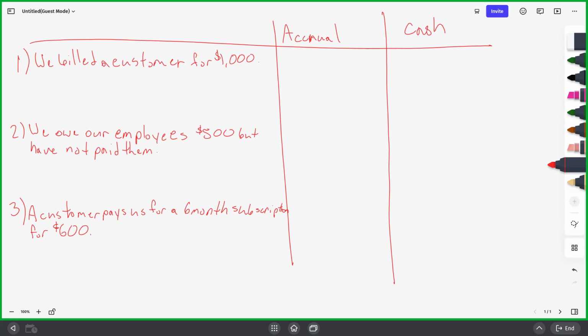All right, I'm going to give you guys just a minute. Whether the expense or the revenue values in, either accrual or cash.